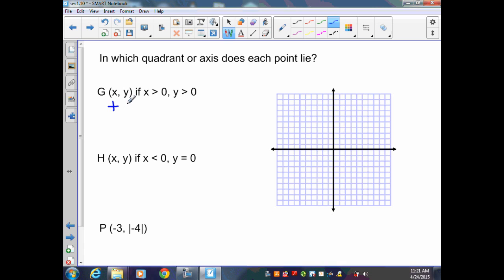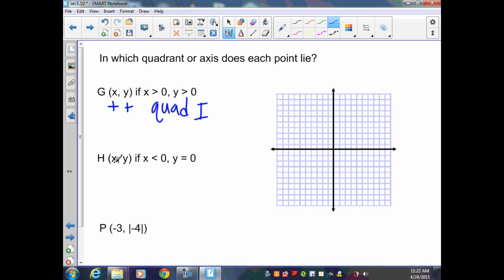That says that this is positive. So I have an ordered pair that is a positive x value and a positive y value. That tells me that my point has to lie somewhere in quadrant 1. So that's all we need to do, to determine where this lies by the given information here.